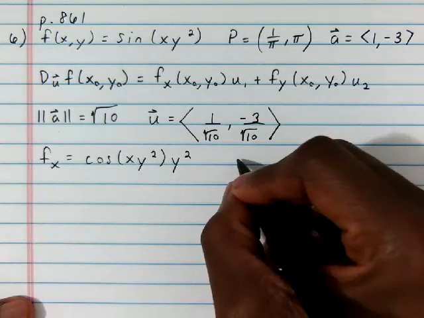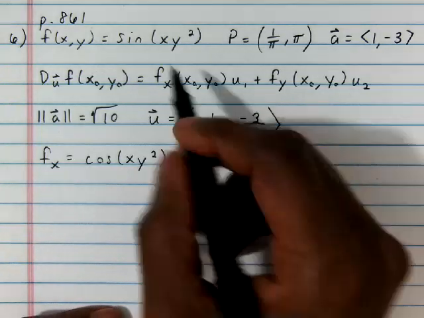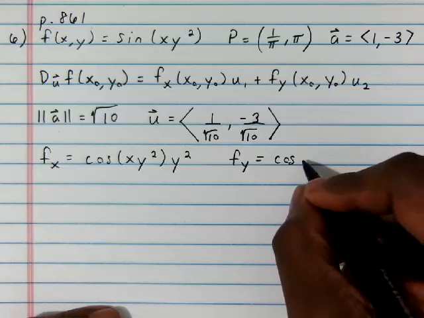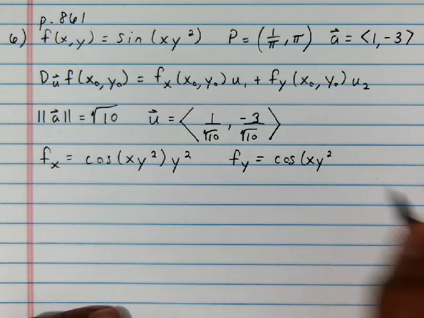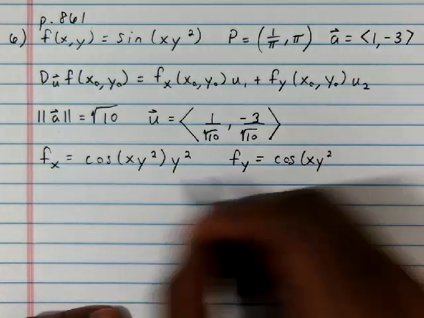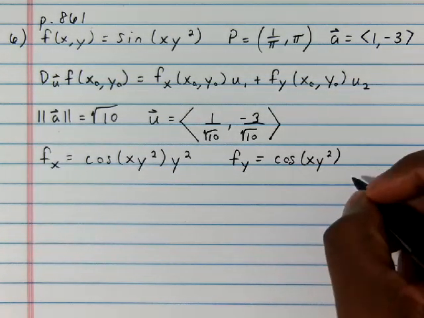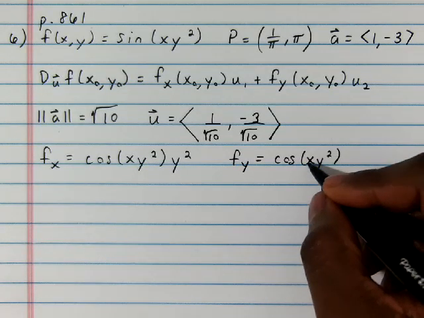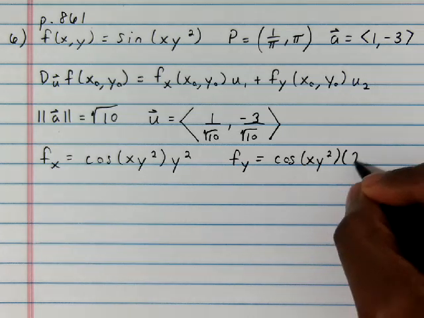And let's go ahead and find f sub y. The partial of this with respect to y gives cosine of xy squared times the derivative of our inside with respect to y. Now x is a constant, so you just get 2xy. This times 2xy.